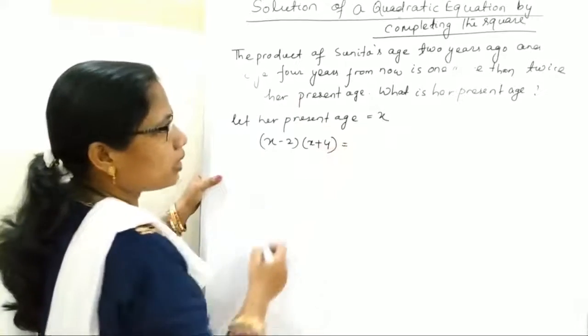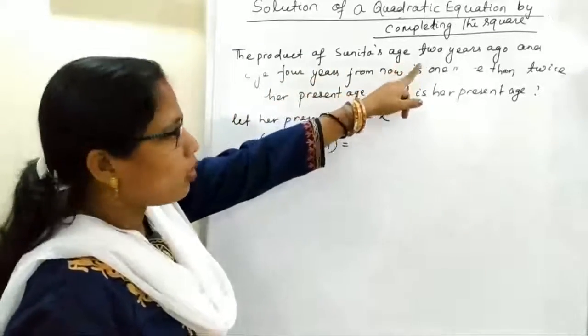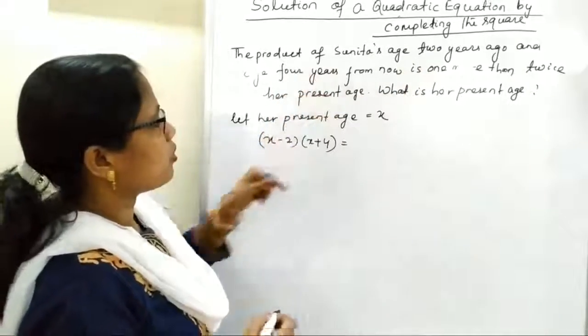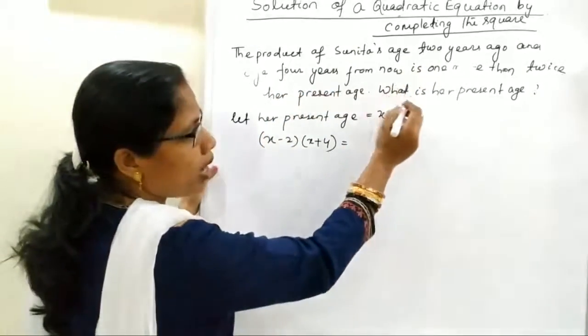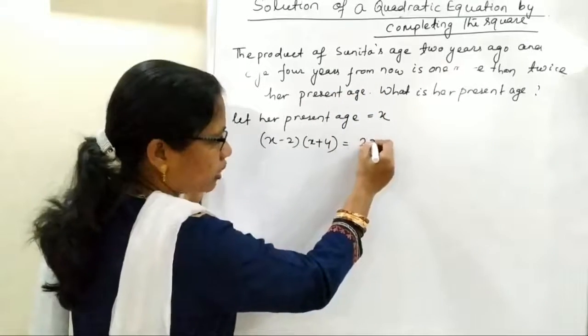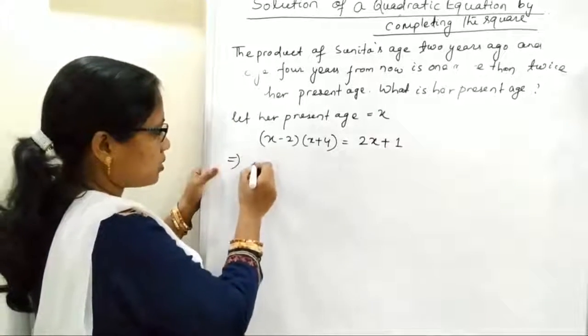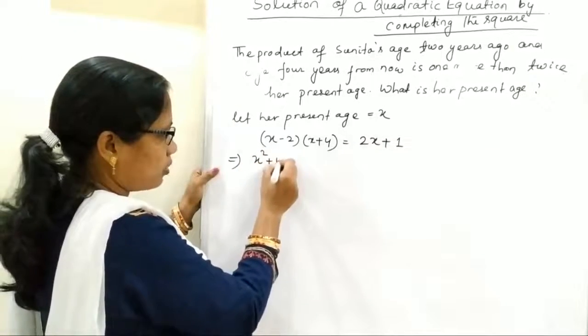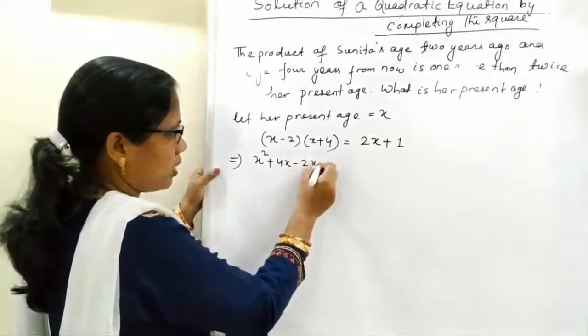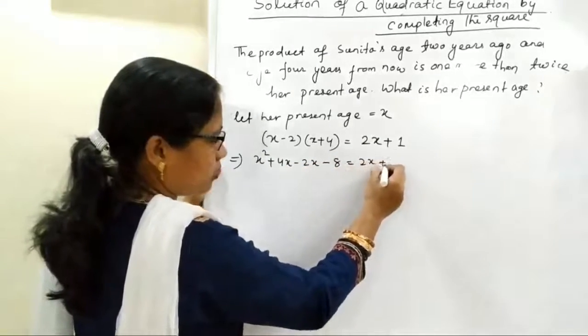So the product of Sunita's age 2 years ago and her age 4 years from now is equal to 1 more than twice her present age, that is 2x plus 1. So this becomes x square plus 4x minus 2x minus 8 is equal to 2x plus 1.